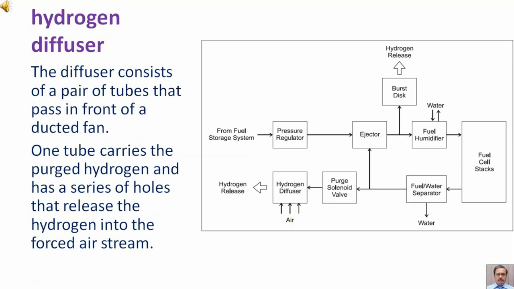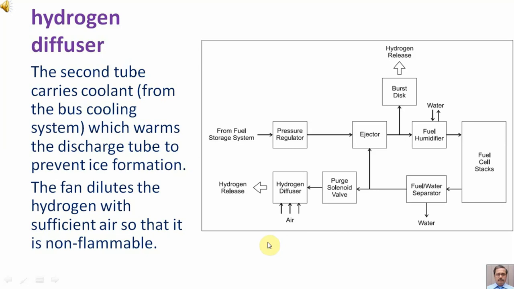The diffuser consists of a pair of tubes that pass in front of a ducted fan. One tube carries the purged hydrogen and has a series of holes that release the hydrogen into the forced air stream.